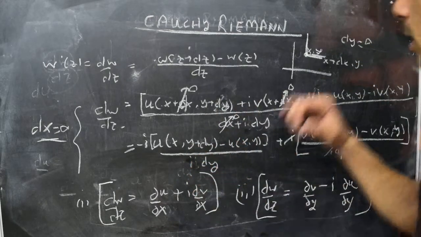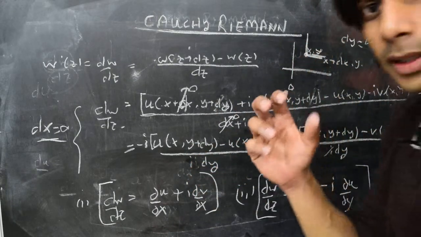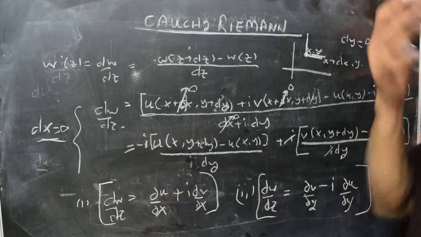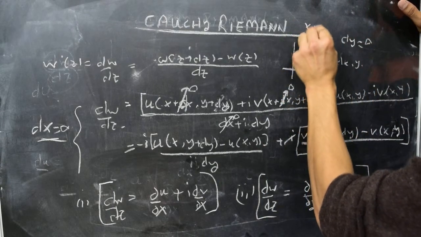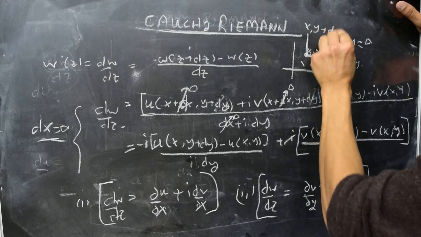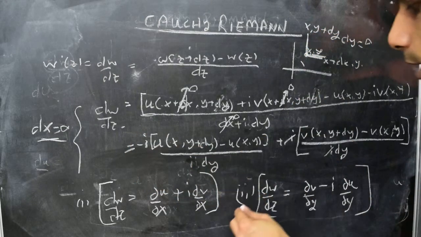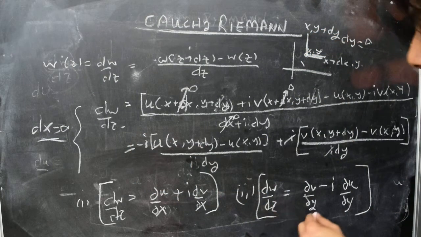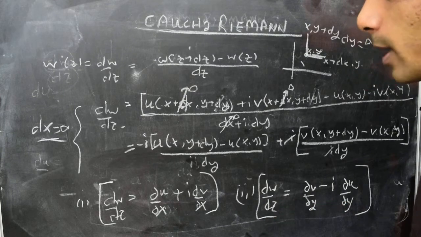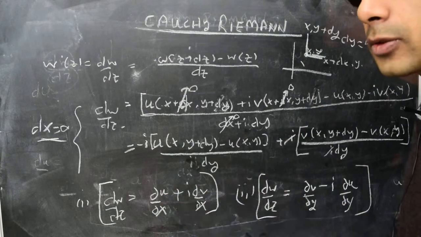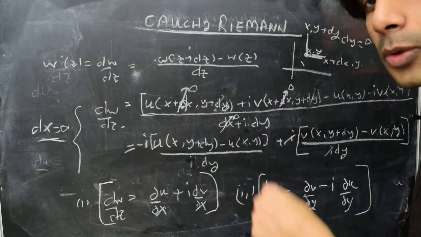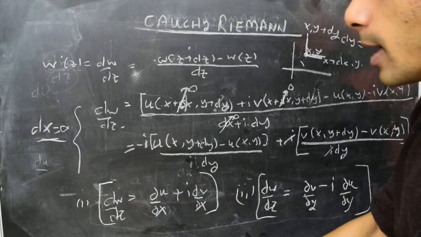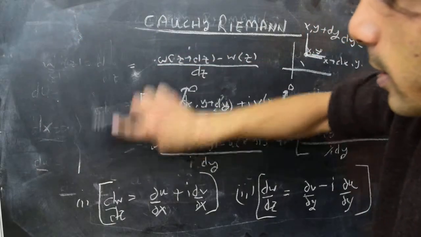In a second step, we moved along the y direction and kept x constant, from the point x, y to x, y plus dy, and in that case we derived another expression for the derivative. These are exactly the derivatives we calculated using another method in the previous video, and I'll again put a link to review that method.